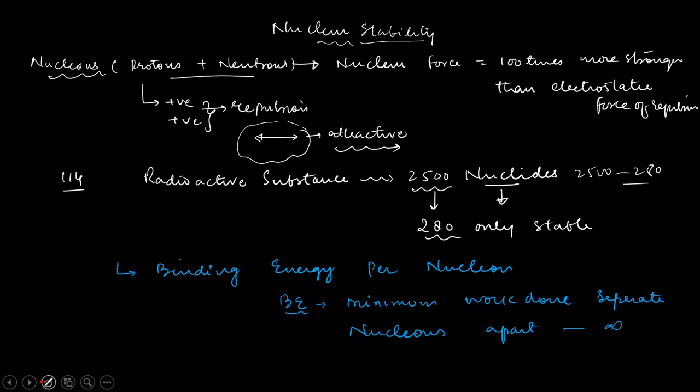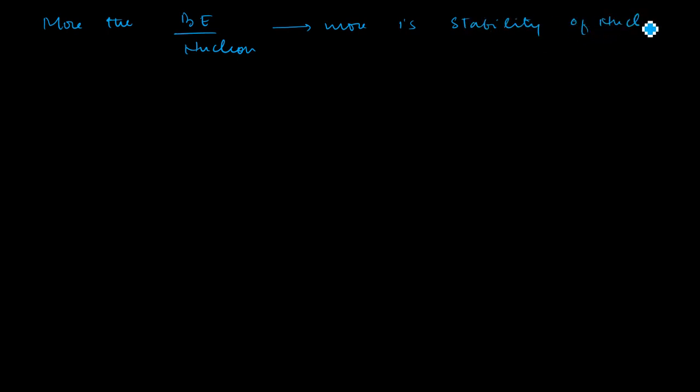Do remember, the more the binding energy per nucleon value, the more is the stability of the nucleus. That's the reason for iron, the binding energy is 8.8 mega electron volt per nucleon. That's why iron has the most stable nucleus.